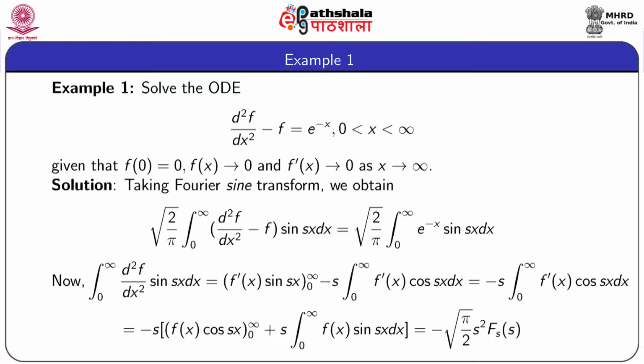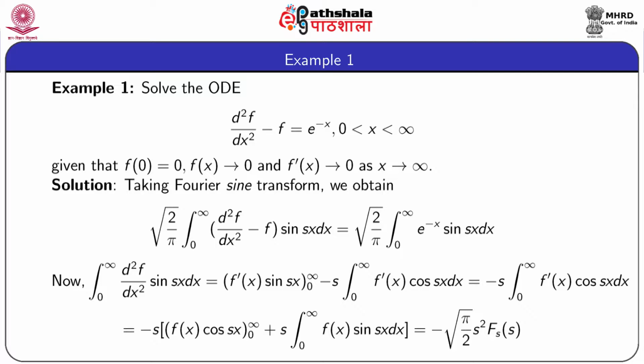So, this first term is 0 and we are left with the second term, and this integral is the Fourier sine transform of small f(x) multiplied by root over pi by 2.